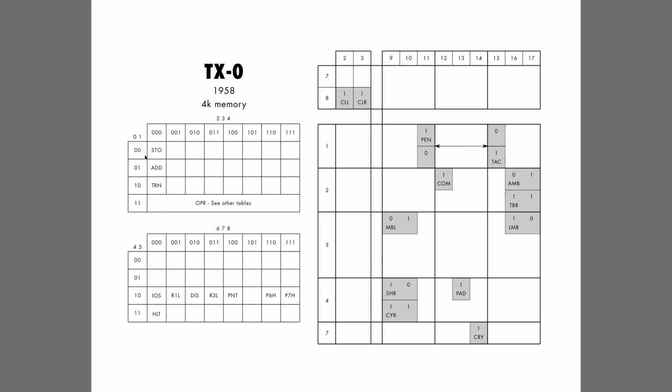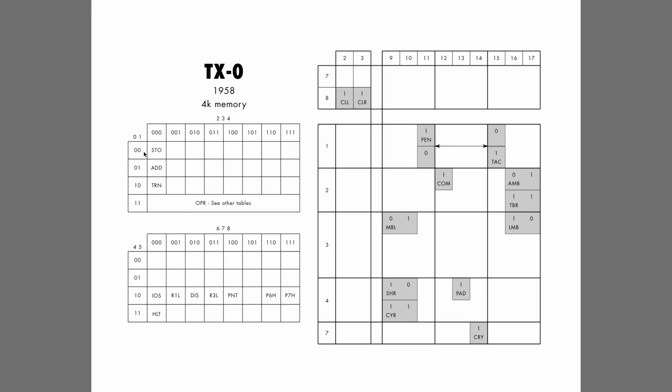The TX-0 has four main instructions encoded in the upper two bits of the instruction word, bits 0 and 1. Bits 2 to 4 are not used for instruction decoding in the original configuration. These are only for the later modifications.